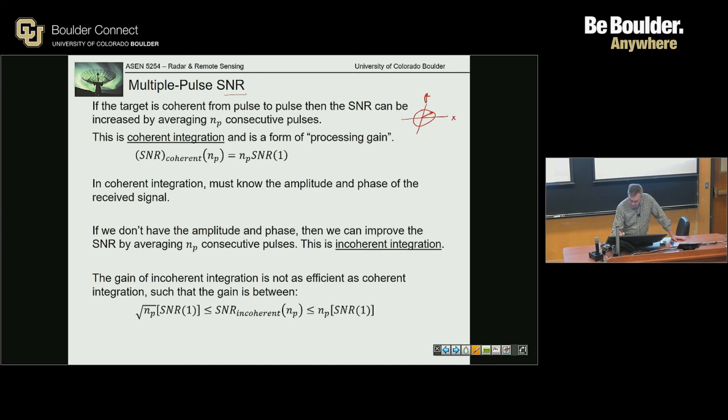If you have successive vectors and they're all the same magnitude, then you can put them head to tail, 1, 2, 3, 4, 1, 2, 3, 4, and then divide by n to get an average.